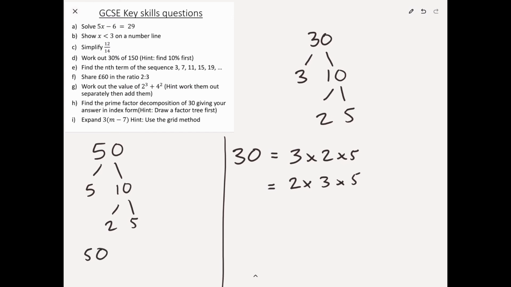Well, that tells us that 50 is equal to 5 times 2 times 5. Well, let's put that in ascending order, put the 2 first. Index form then would mean turning that 5 times 5 just into 5 squared. So that last part there is index form, whereas this 30 doesn't have an index form, it's just the same, 2 times 3 times 5.